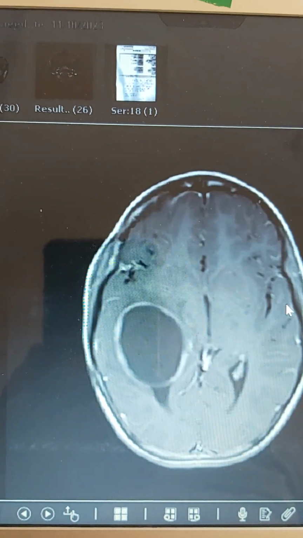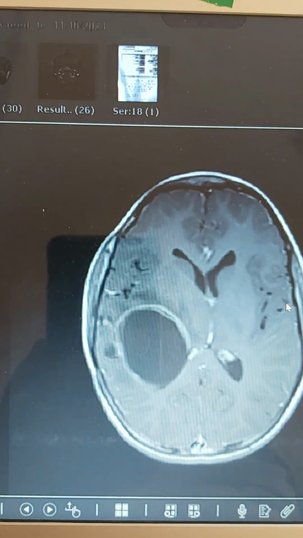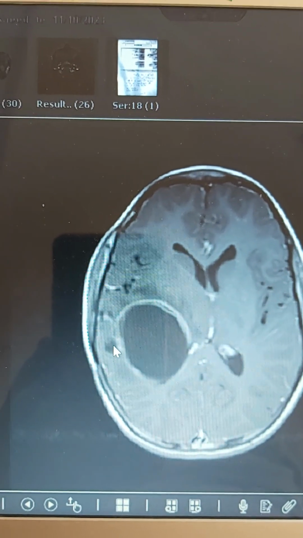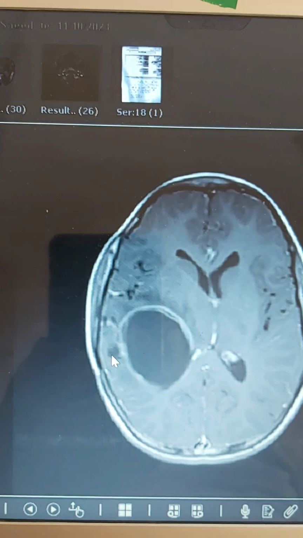And the other lateral smaller cyst also shows an inner solid component, which might be the scolices.